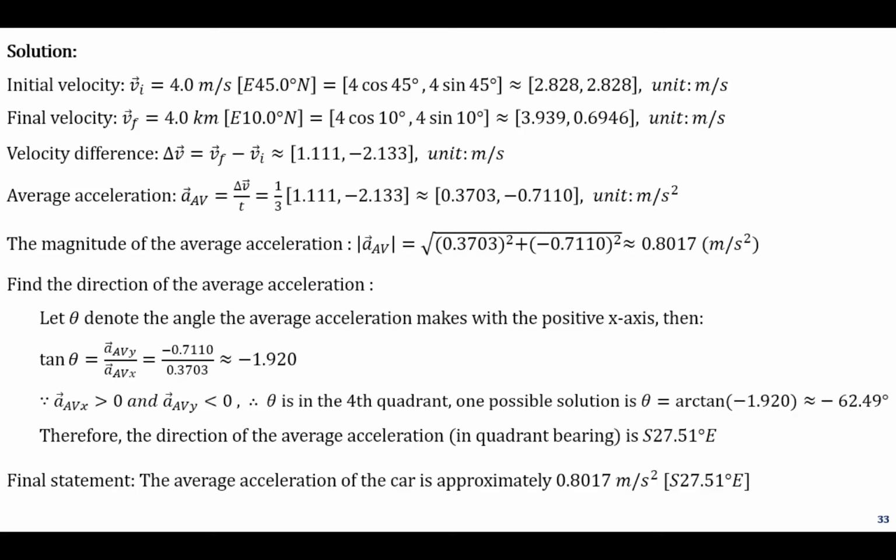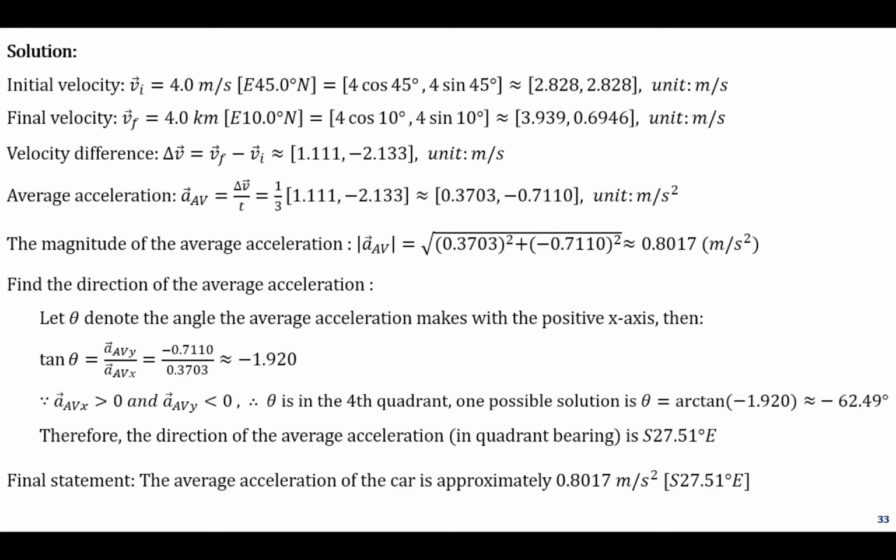Then we need to find the direction of the average acceleration. We can let theta denote the angle the average acceleration makes with the positive x-axis. Again, there are many possible values for the solution of theta. So as long as you can find one, you should be fine.